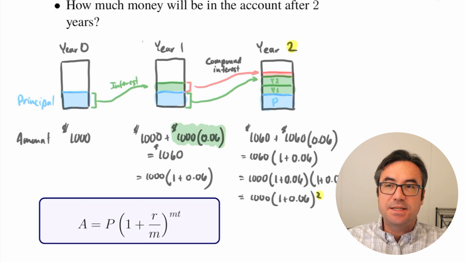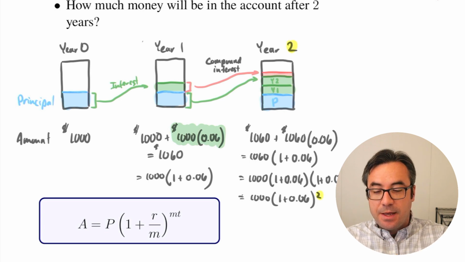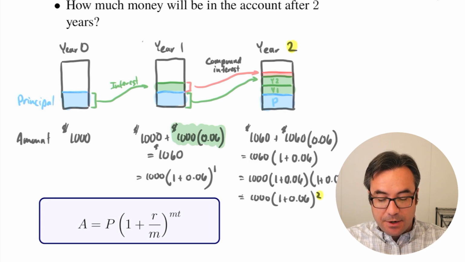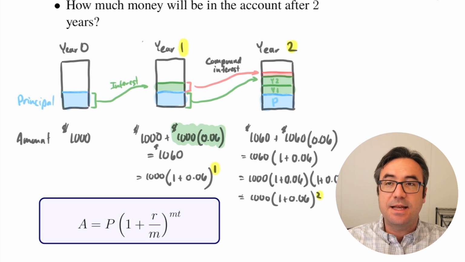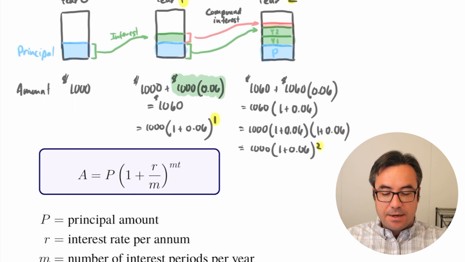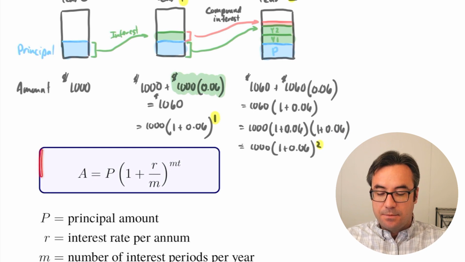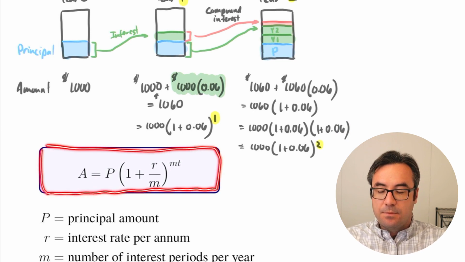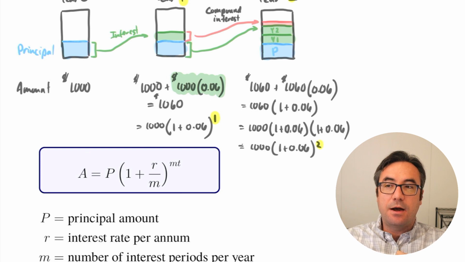It's not a coincidence that that's happening after two compounding periods. And same thing, after 1 compounding period, even though we don't normally write it, there's a 1 in the exponent position there. And that's not a coincidence that that's happening after 1 compounding period. So the idea sets up our account balance formula for compound interest.